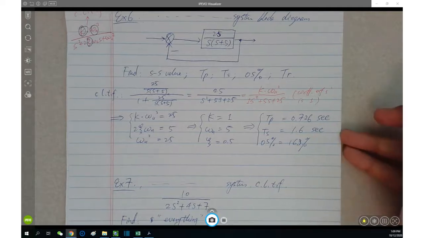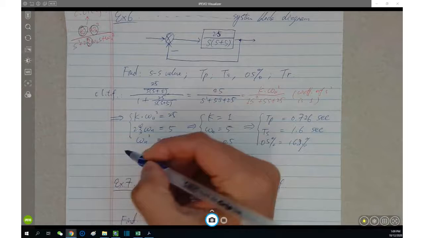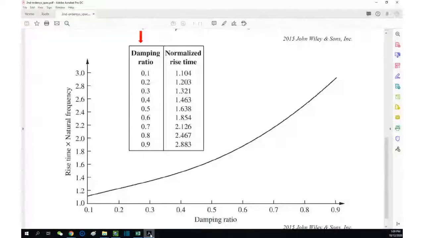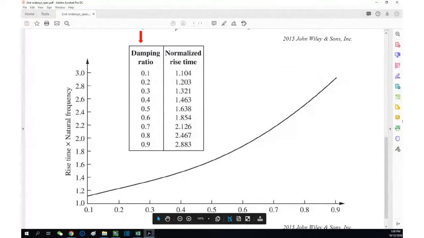The last one is rising time. So what do you need? Anyone remember what we need to find the rising time? We need that table, exactly right. And from the table, we locate what? 0.5, exactly, locate the zeta.